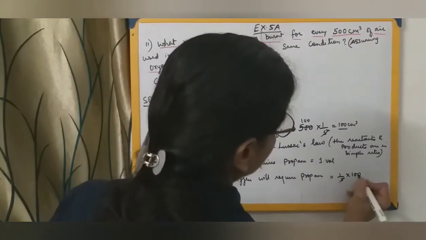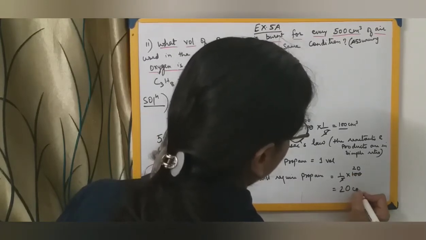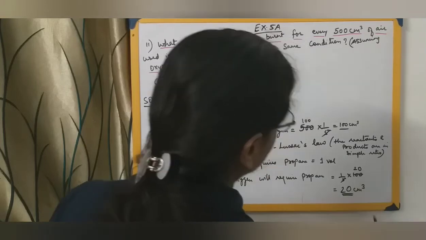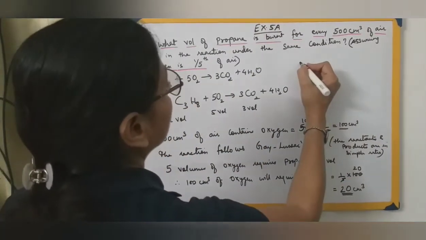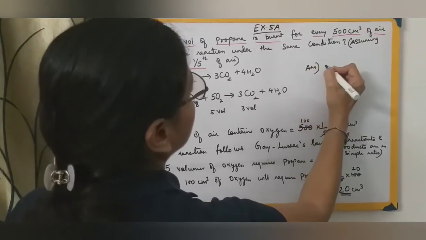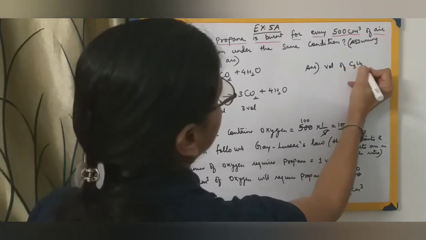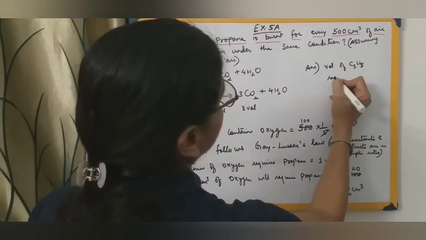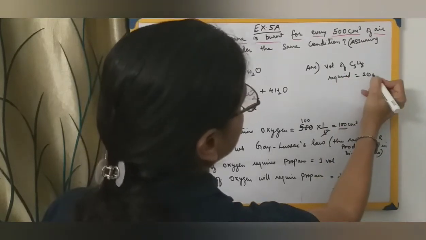So 5 ones are 5, 5 twos are 10, 5 twenties are 100, so 20 cubic centimeter. So your answer will be: volume of propane required is equal to 20 cubic centimeter.